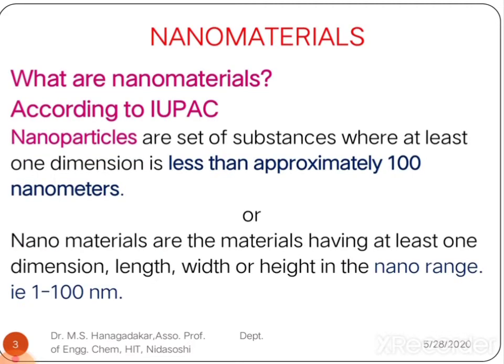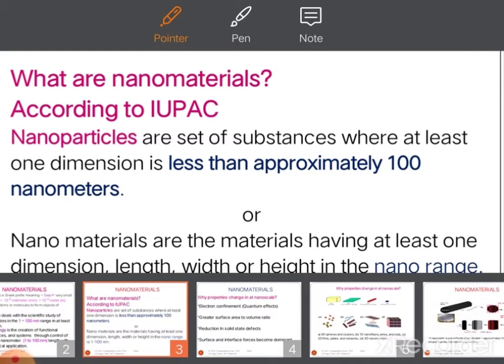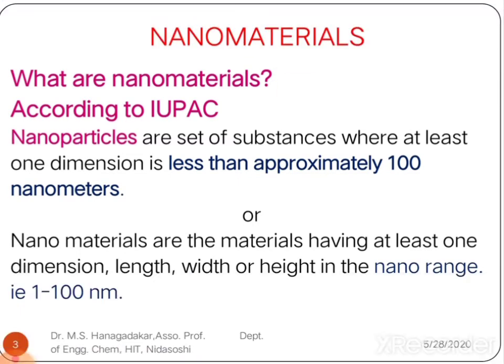Then how can we define nanomaterials? I mean to say, what are nanomaterials? According to IUPAC, nanomaterials are the set of substances where at least one dimension is less than or approximately equal to 100 nanometers.